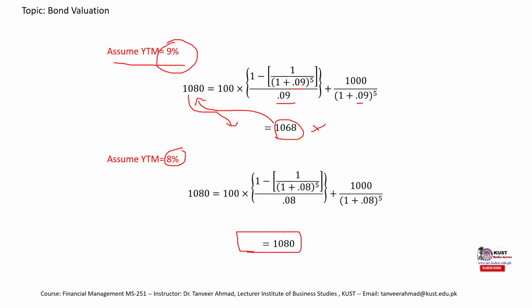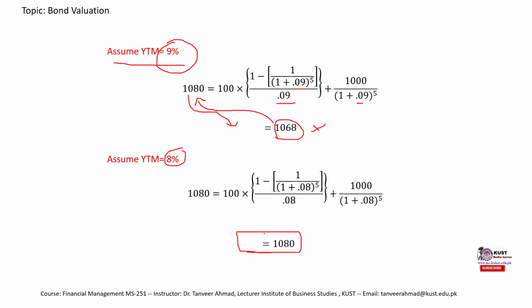So if we use 8% YTM, our left hand side would be equal to the right hand side. So that is our correct YTM. So we have found the yield to maturity using the trial and error method.